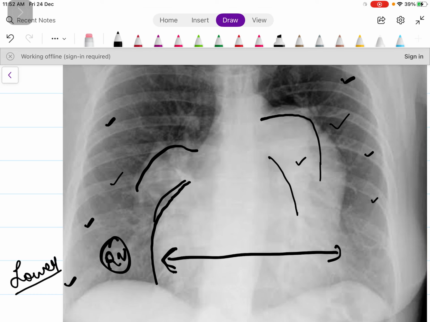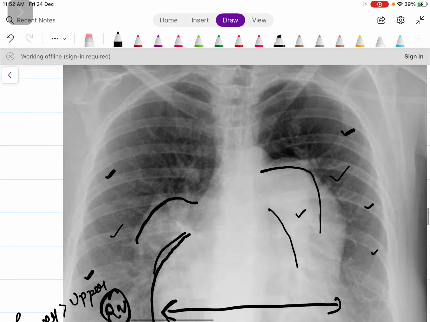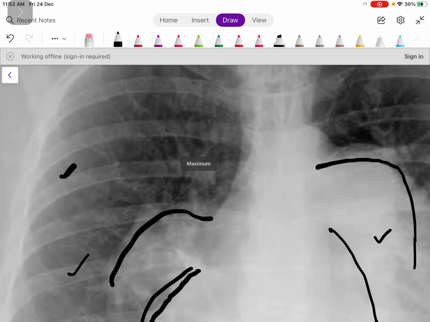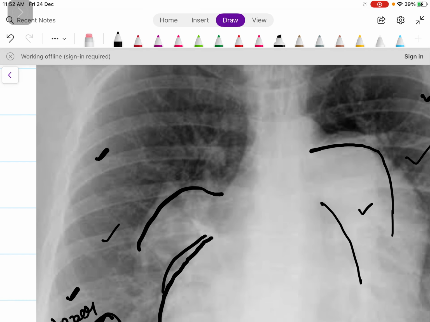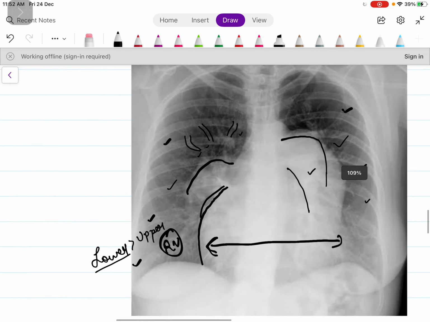Lower zone markings are more prominent than the upper zone, but you can see in this x-ray that there is an enlargement of the upper lobe vessels as well. And why does it occur? Because of the back pressure that is created. And there is an enlargement of the vessels here.